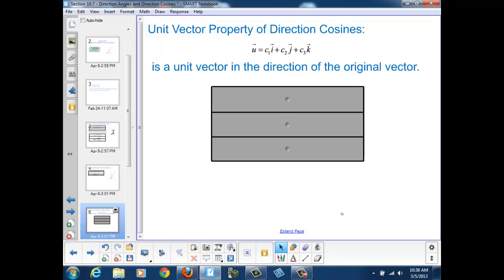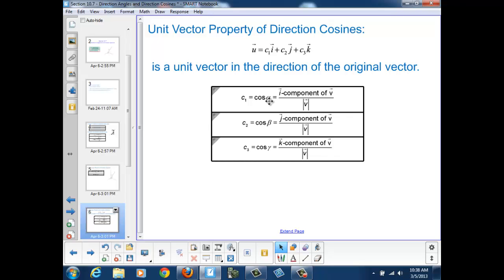It will have a magnitude of 1, but point in the same direction as the original vector. Remember that C1 is the i component of V divided by the magnitude of V, C2 is the j component of V divided by the magnitude of V, and C3 is the k component of V divided by the magnitude of V.